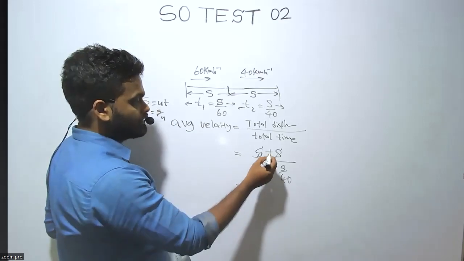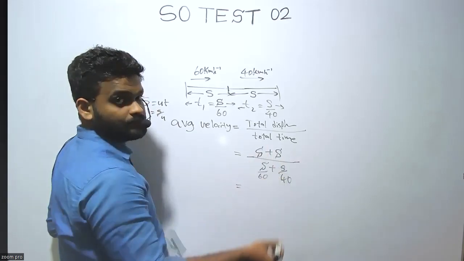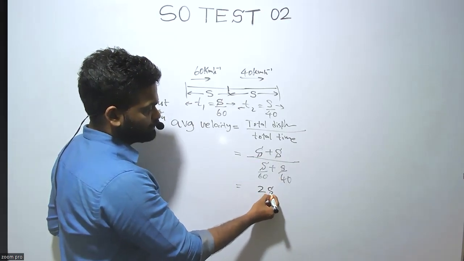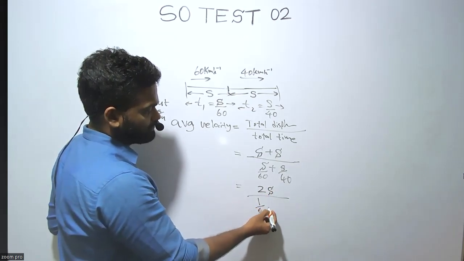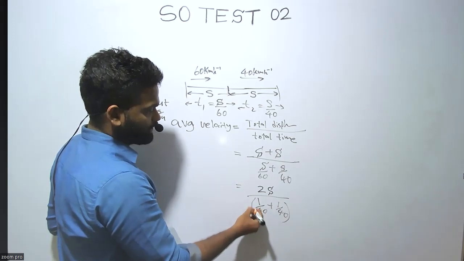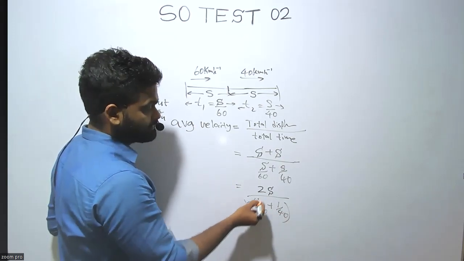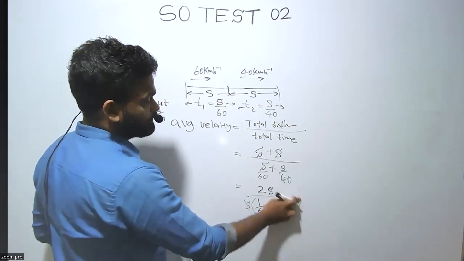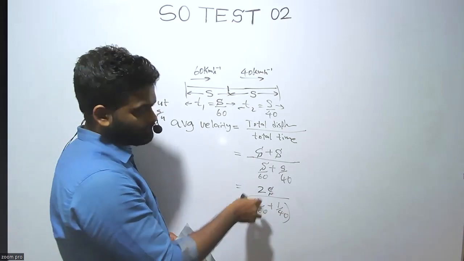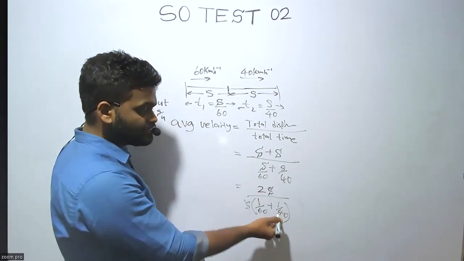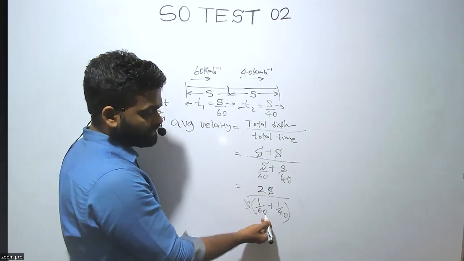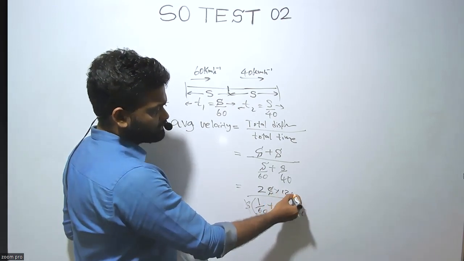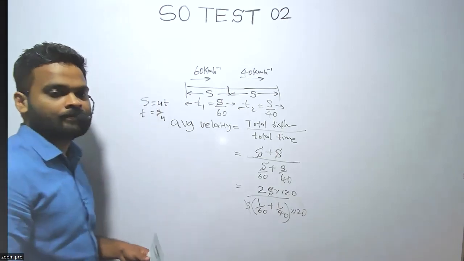Then you can see that S cancels off. You can take S off the denominator, and then this S and this S cancel off. I'll just show you the steps of the simplification. Whenever you get a simplification like this, the easiest thing is to multiply both the numerator and denominator by the common denominator, here 120.